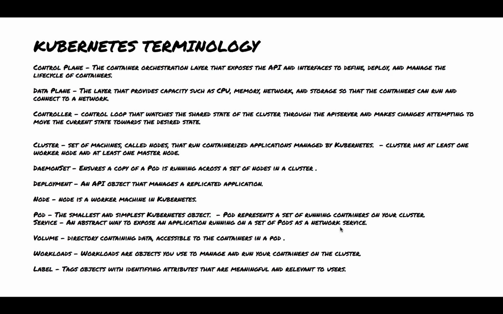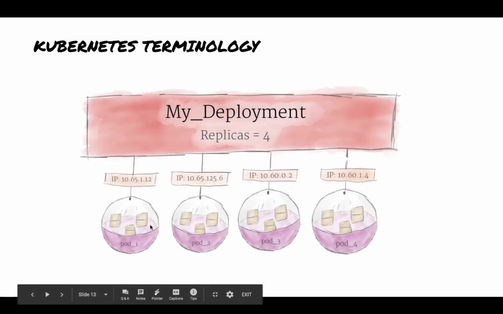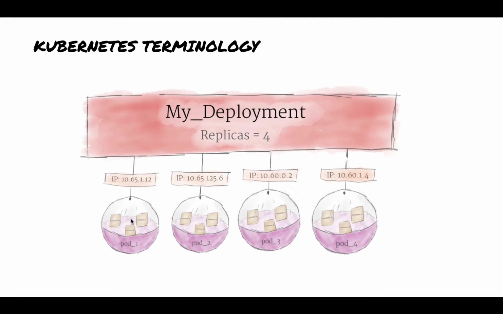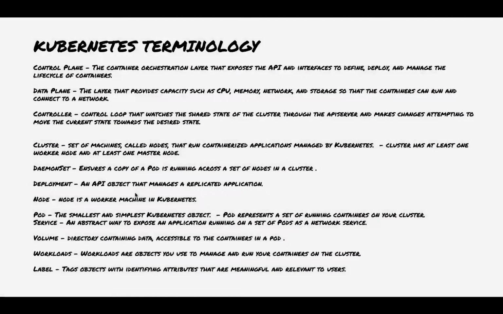A pod represents a set of running containers on your cluster. Say for identity, I have those identity containers, and all of them do the same task, so I can group them into a pod.